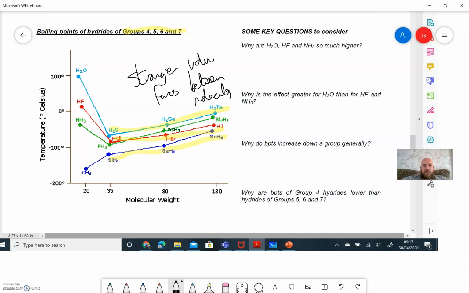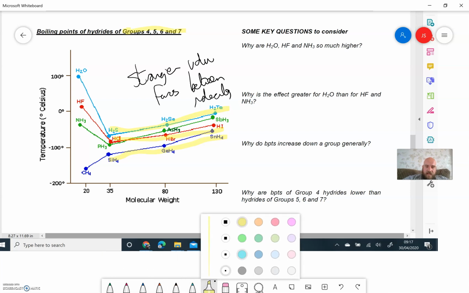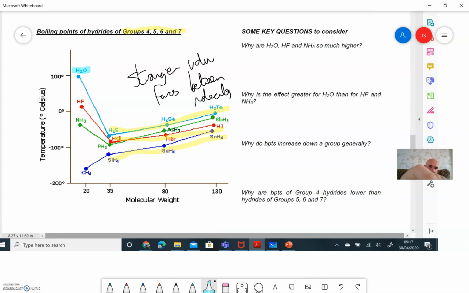But the smallest molecules in groups 5, 6, and 7 have the highest boiling points. So these things here are the smallest molecules in each of those groups, but they've got the highest boiling points.